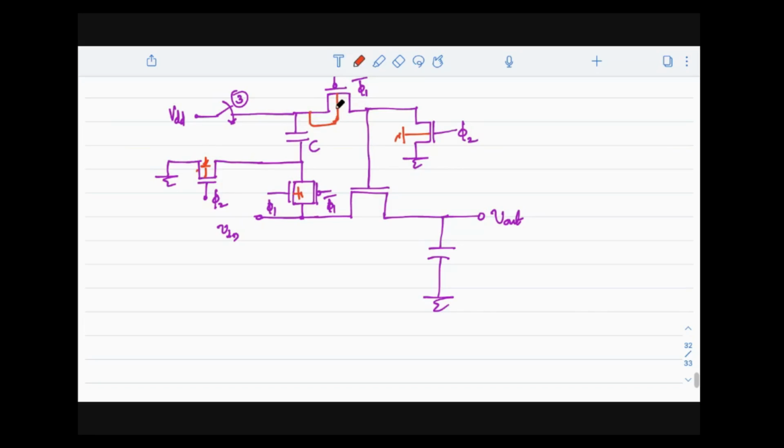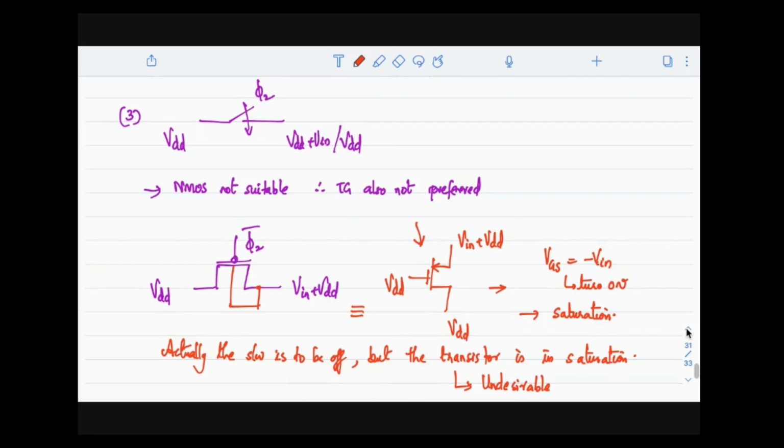All right. Now we saw that switch number 3 cannot be NMOS, PMOS, or a transmission gate. So what can be done for that? Any idea? Any thoughts you can share in the chat? Yeah. So look at this.